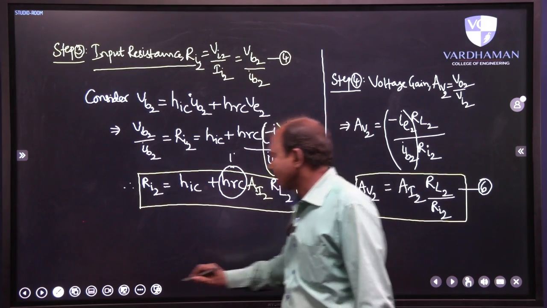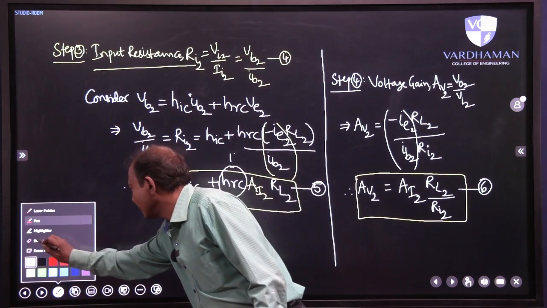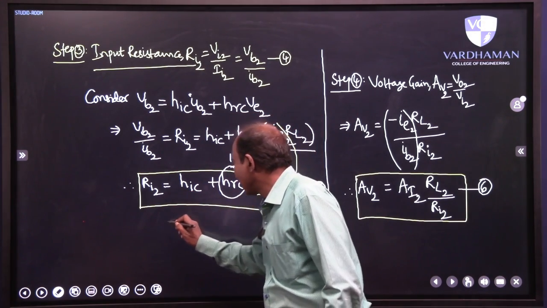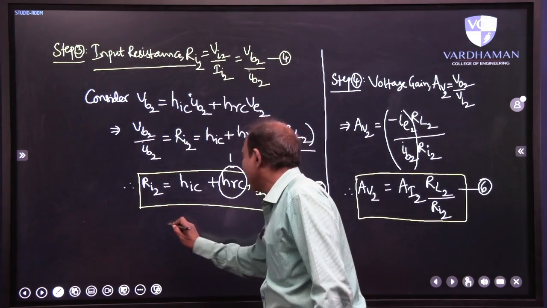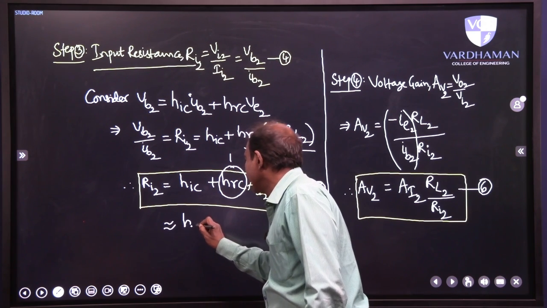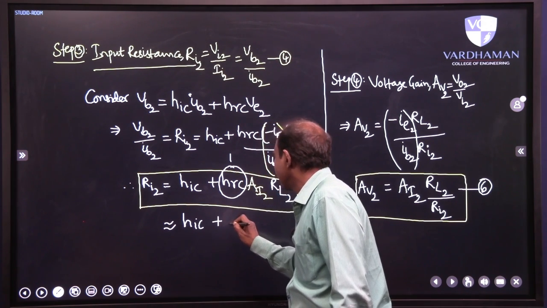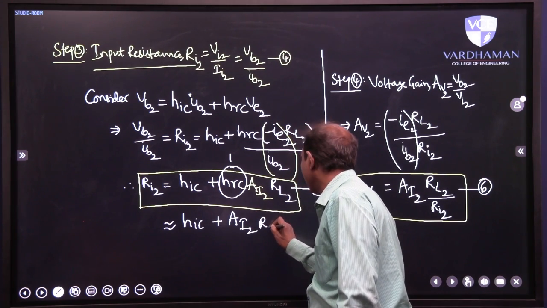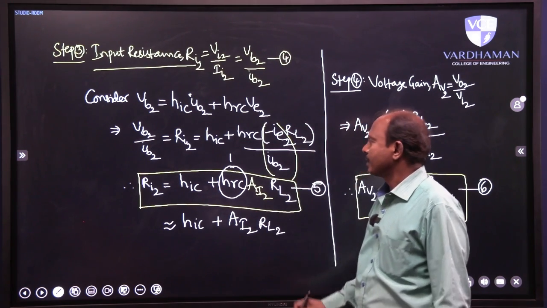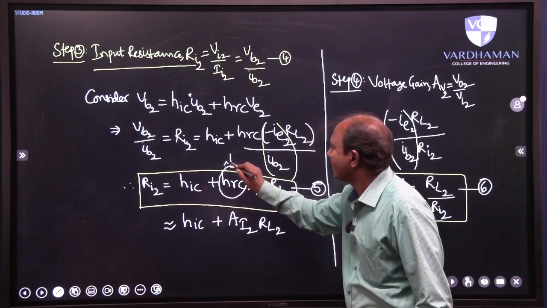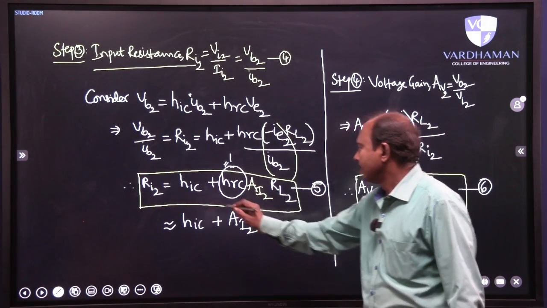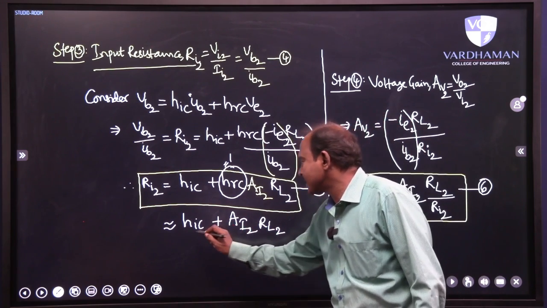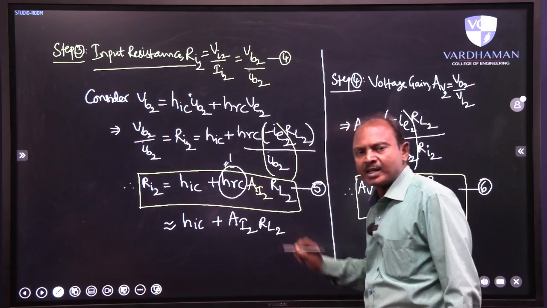Therefore, if HRC is 1, this equation 5 can be approximated to HIC plus AI2 RL2.